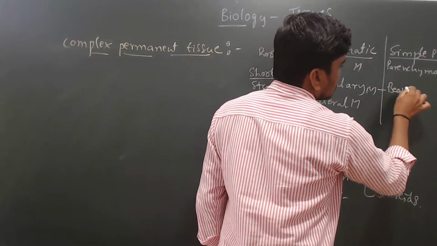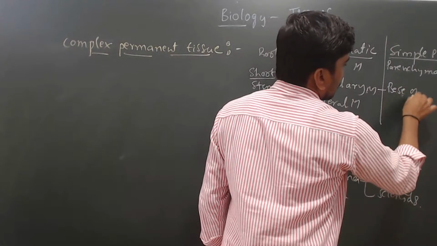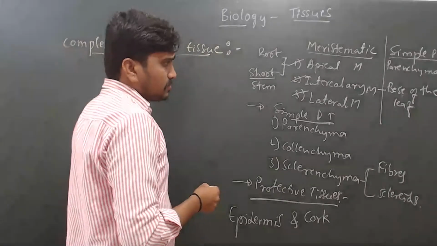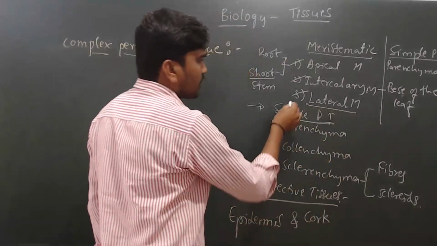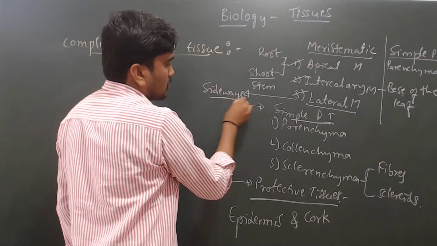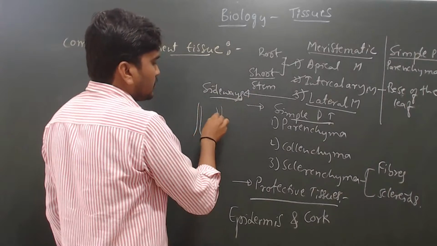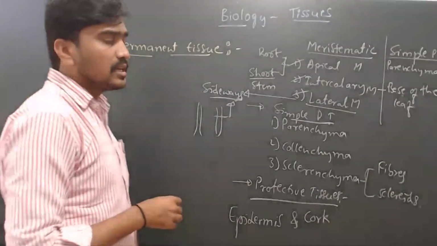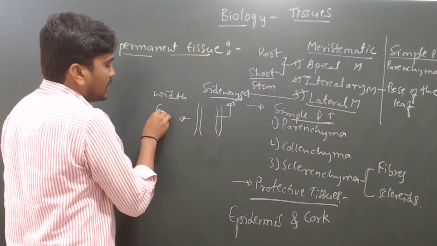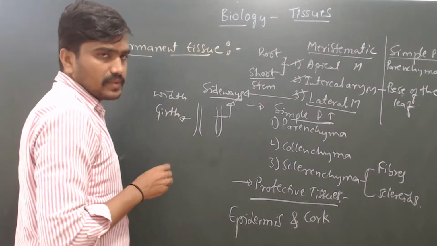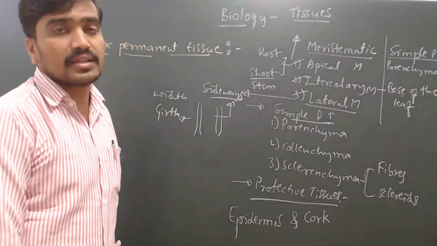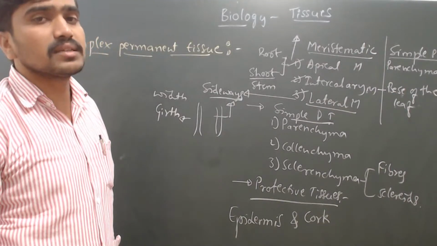Lateral means sideways. In a stem, the lateral meristem is present at the sides, and this helps in width and girth. Apical meristem increases the length.